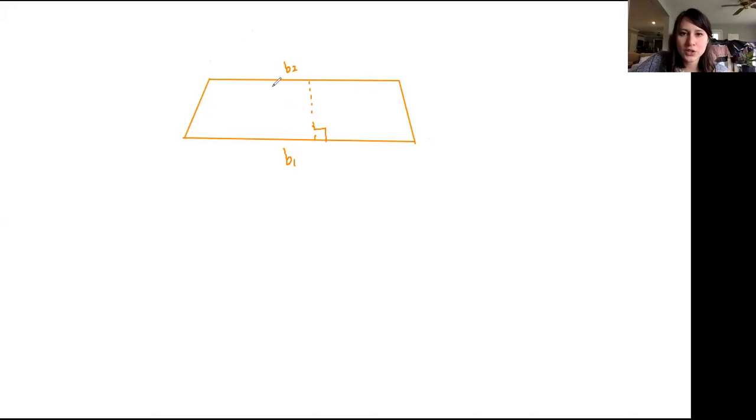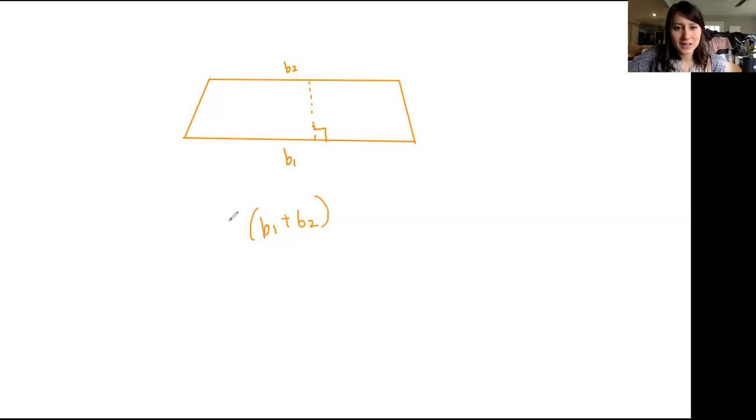If we pieced two trapezoids together, you would create like a rectangle or a parallelogram. And so what we see is really, if we add our base 1 plus base 2, multiply that by the height, that is basically doubling this shape and creating like a parallelogram from it.